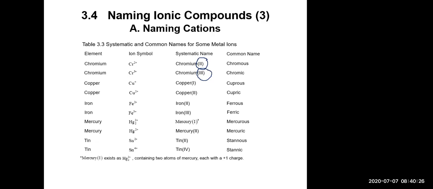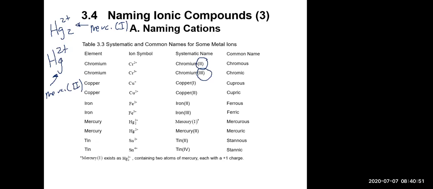It might be hard to see here, but the first one, where it has all the 2s, the +2 and the 2 on the bottom, is actually mercury Roman numeral 1, while the one that has just the 1, 2 is actually mercury 2.